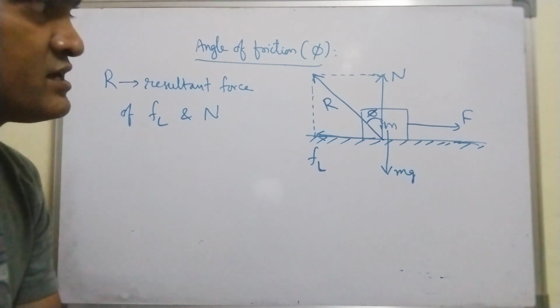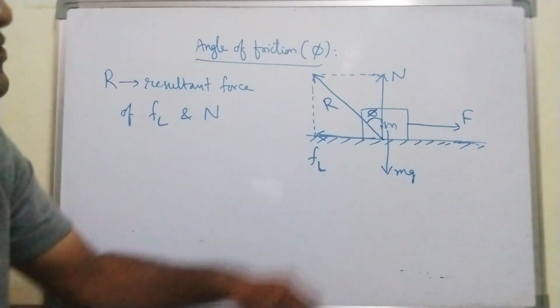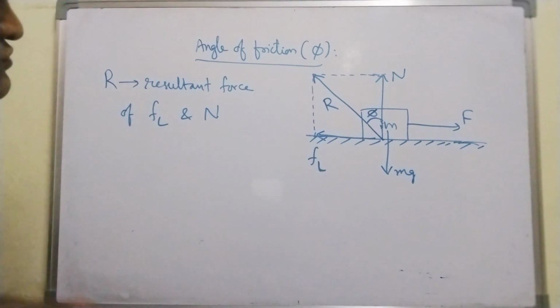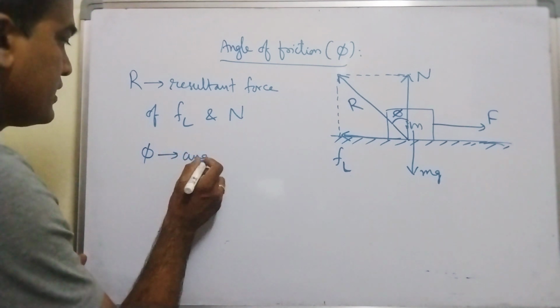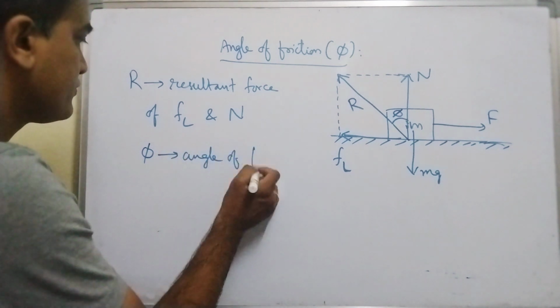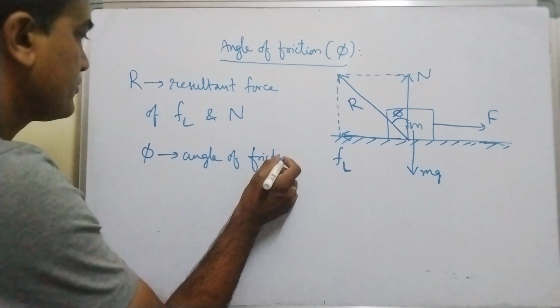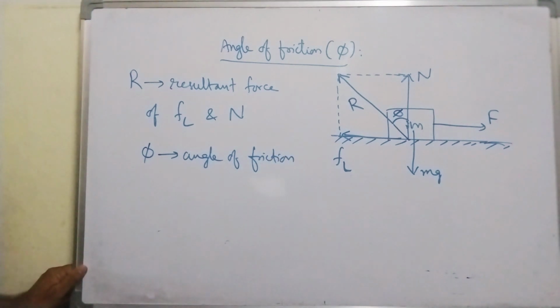Angle of friction is explained when the surface is horizontal. How do we define angle of friction now? Phi is called the angle of friction. How can you define this?